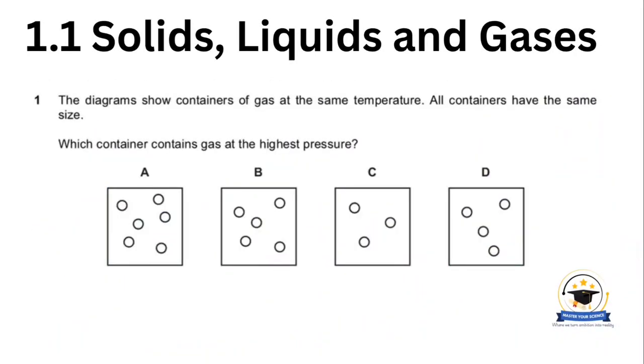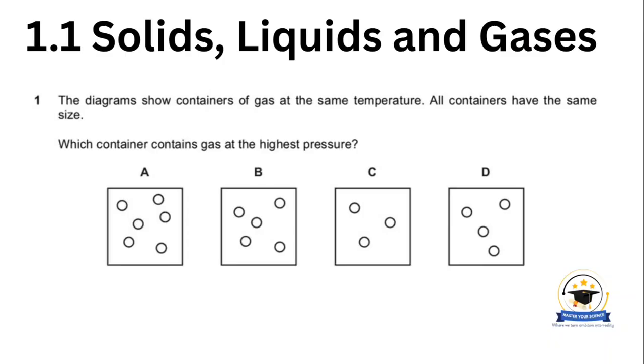How is the volume of a gas affected by temperature and pressure? This next question is from the February-March 2025 paper, and it says, the diagrams show containers of gas at the same temperature in containers of the same size. Which container contains gas at the highest pressure?